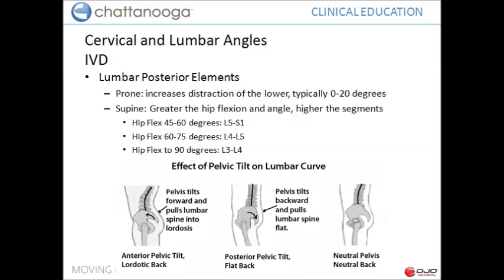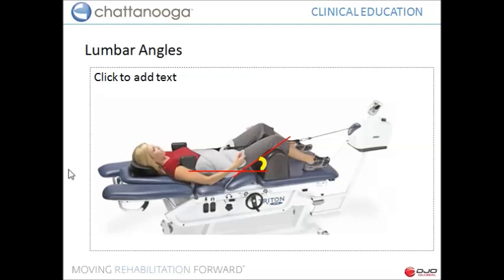So typically when we are doing a supine position, that's what we're doing, we're creating a posterior pelvic tilt, and that posterior pelvic tilt relative to the torso thereby reduces the lordotic curve.